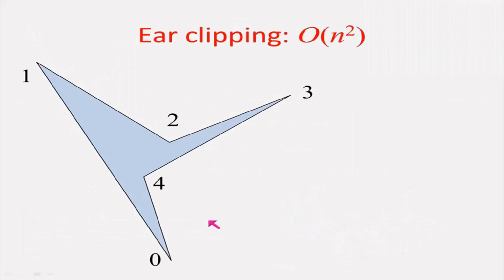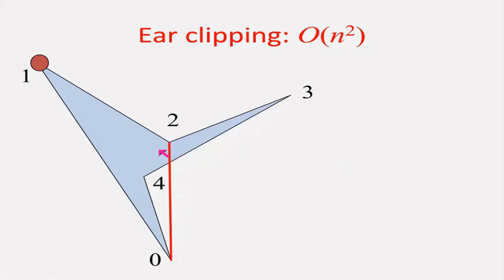For every step, we check whether or not a vertex is an ear. We can start anywhere. To do that, we check whether the line segment of its previous and next vertices is a diagonal. This is done by checking whether the line segment intersects any other edge.